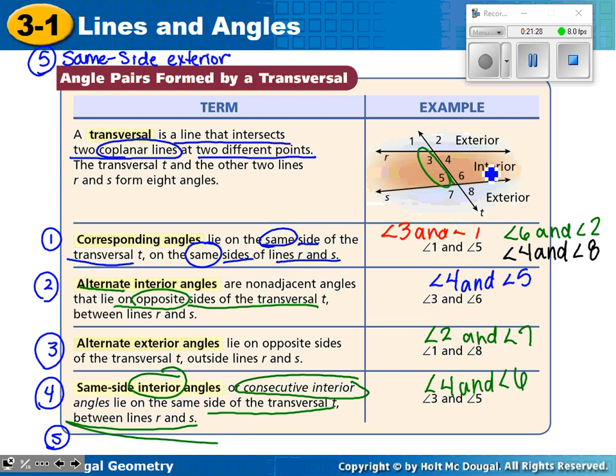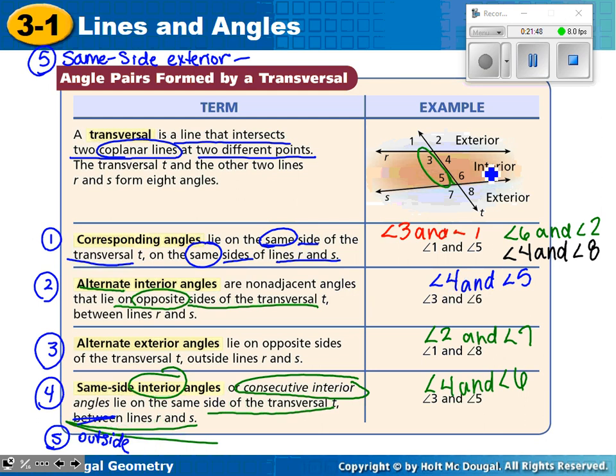The definition for the vocab test will be the same as same side interior, except where you see in between the lines, it will say outside the lines. Okay, so same side exterior. It's going to say the exact same thing, except it's going to say outside the lines.